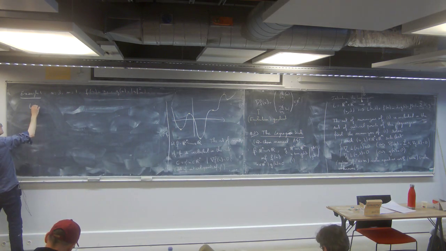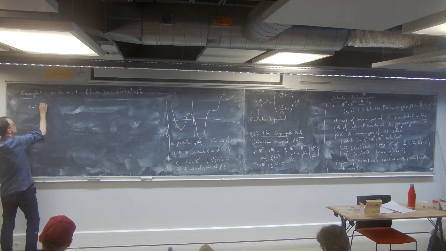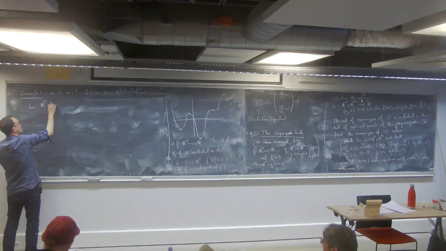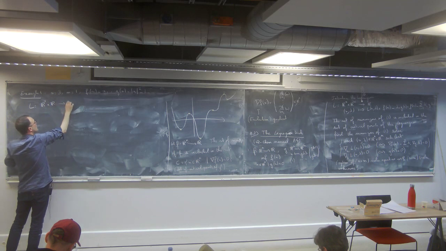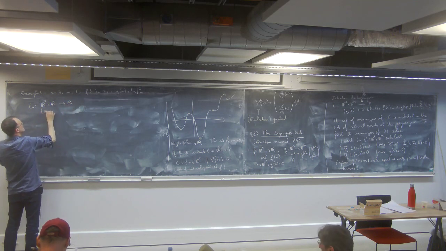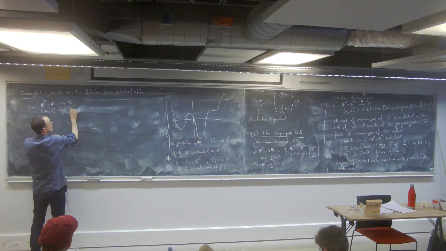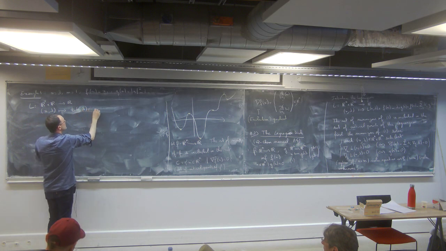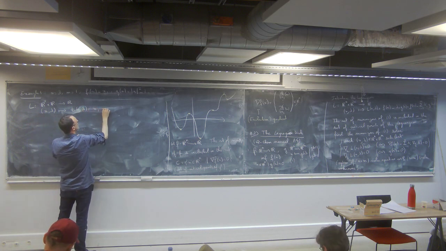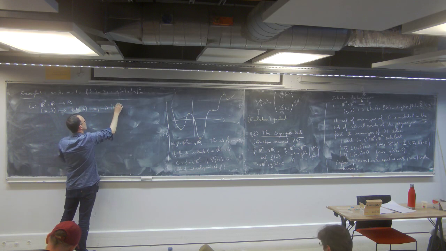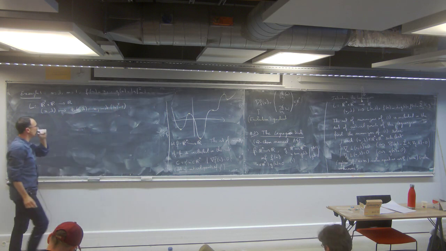So what is the Lagrangian? The Lagrangian is a function from R3 times R to R, which associates to x and lambda, so L of x, lambda, x1 minus lambda times norm of x squared minus 1. Okay, fine.